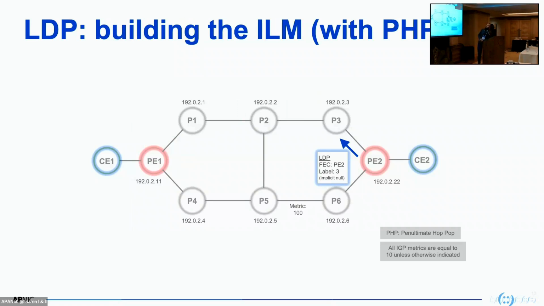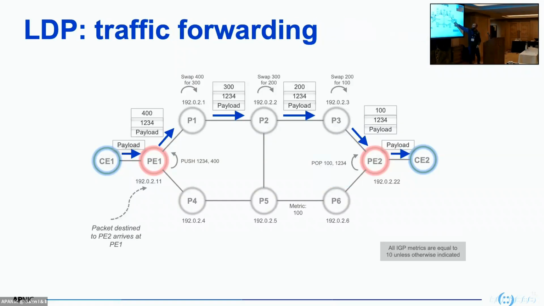Now, here is something with the PHP, or penultimate hop popping. It is basically saying that in the previous slide, when the MPLS packet came to PE2, I had 2 labels. But this is the destination, so this label does not make any difference to it, because when this one was advertising, it said I don't have any out label.